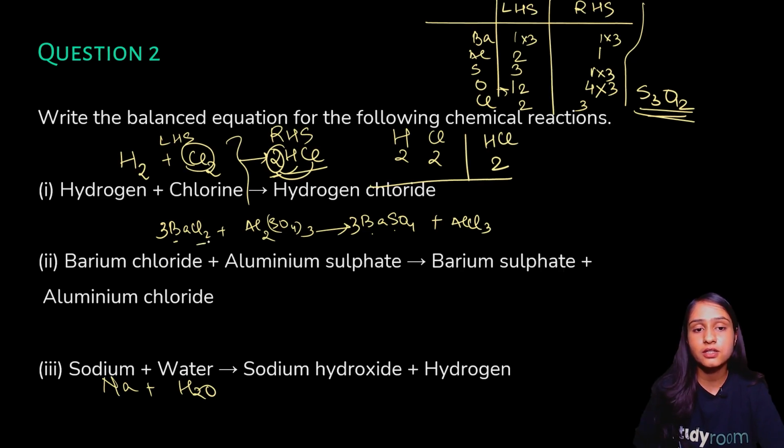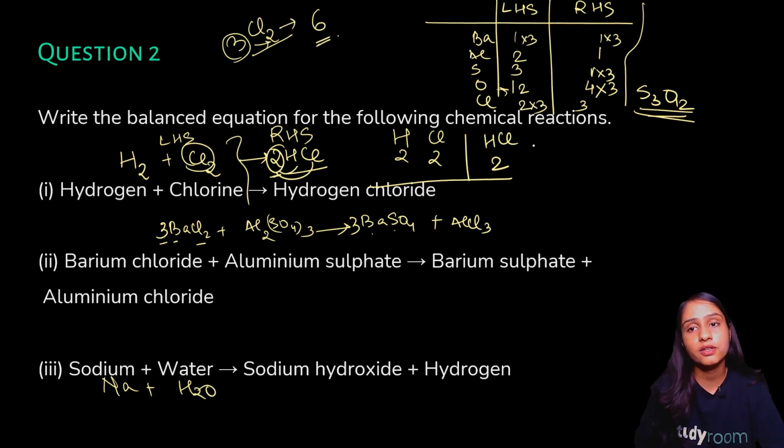Here the chlorine got 6 because 3 molecules of chlorine. Molecule means the chlorine exists in the bivalent nature. So these are 3 chlorine molecules, but the number of chlorine atoms is 6. Multiply it. Okay, so it got 6.